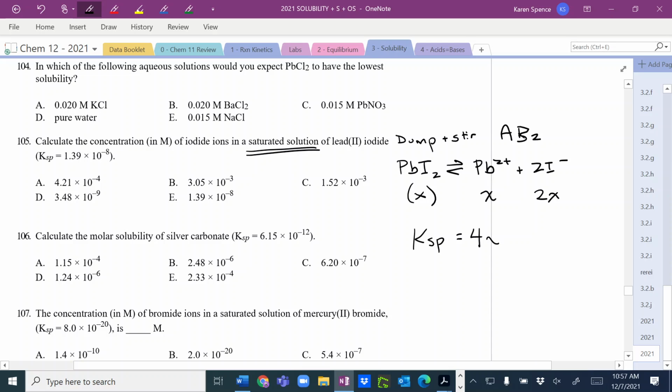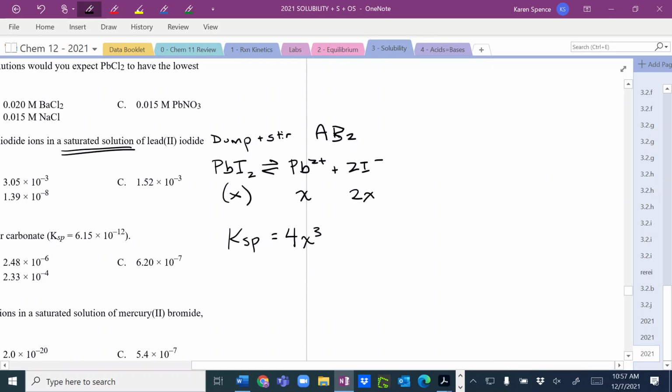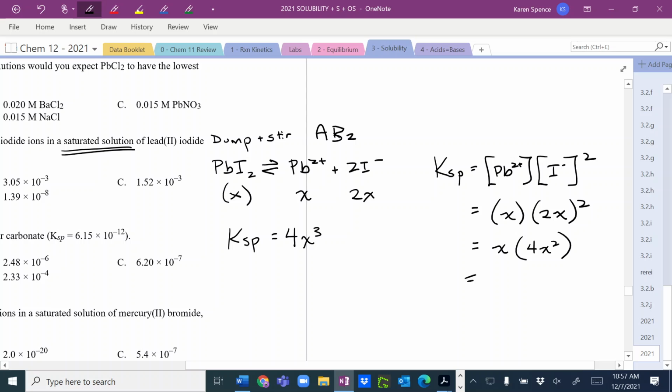If you don't know that, you can go through the whole process and say KSP is equal to lead times iodide squared, which is equal to X times 2X squared, which is equal to X times 4X squared, which is equal to 4X cubed. That is what you would want to do if you were doing a written response question to show that you can derive it. But on multiple choice, you can go straight to here as long as you know that. Okay, saves you a little time.